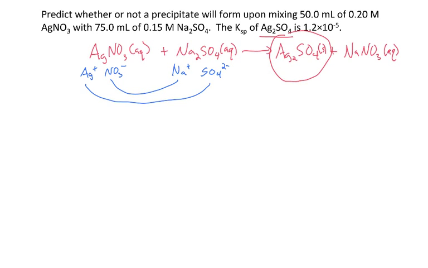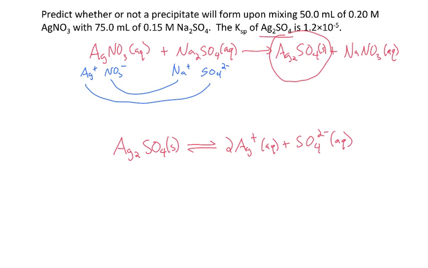If I'm using KSPs, the chemical reaction I need is the equilibrium for this reaction. In order to solve this problem, it turns out it's just predicting reaction direction, so it's a Q versus K problem. I need to calculate Q and compare that to K. That will tell me which direction the reaction is going to go.